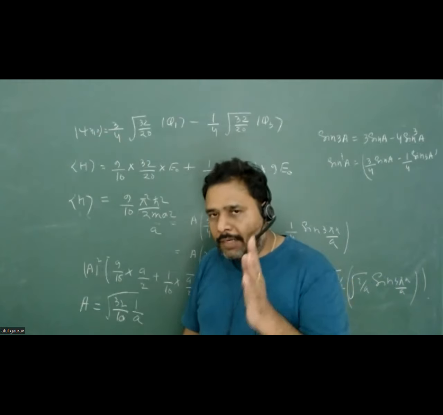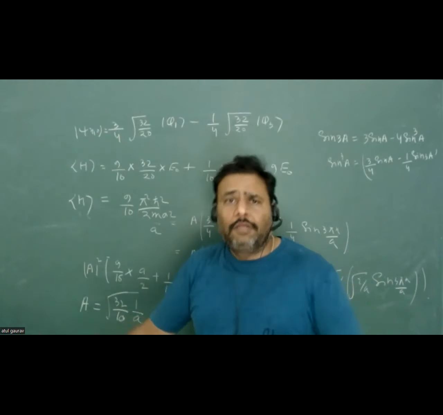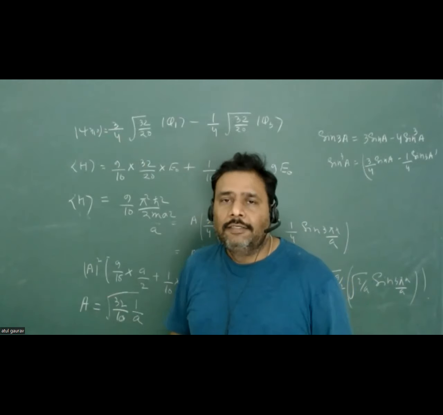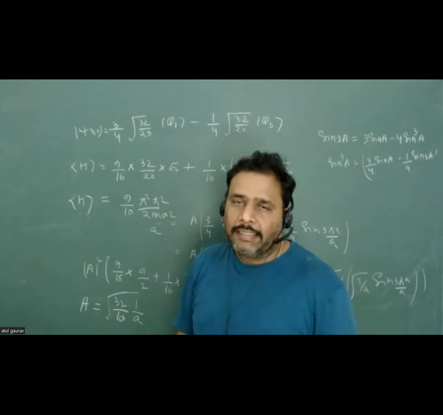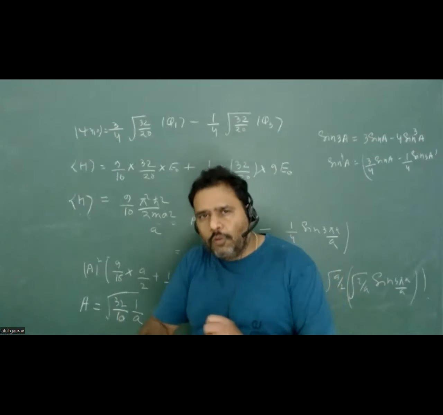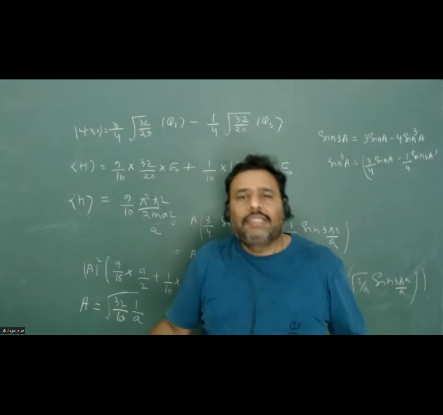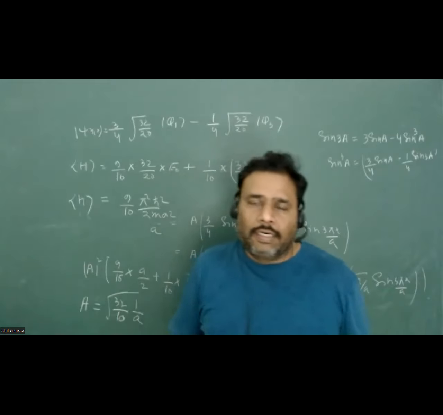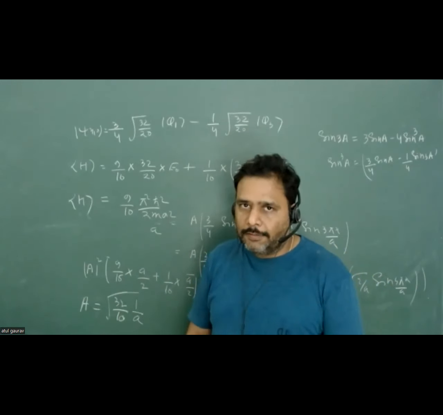So always keep in mind that whenever the time evolution part or average value of energy comes up, first go and write in a basis of eigenstates of the Hamiltonian. And you know the eigenstates, you have to just do a little bit of calculation. If you are acquainted with the basic trigonometric formulas, you can easily go for this.